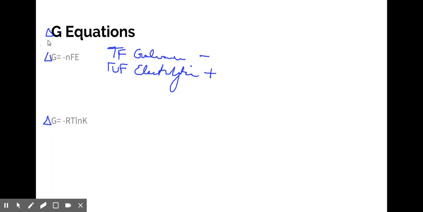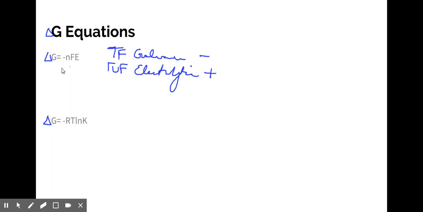Delta G is equal to negative nFE. Don't forget that this is a negative sign right there. Remember, if it is thermodynamically favorable, that's for galvanic cells, you should be getting a delta G that is negative. If it is thermodynamically unfavorable, that is for electrolytic cells, then you should be getting a delta G that is a positive quantity.